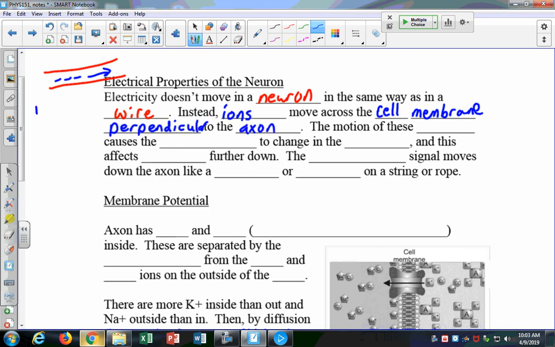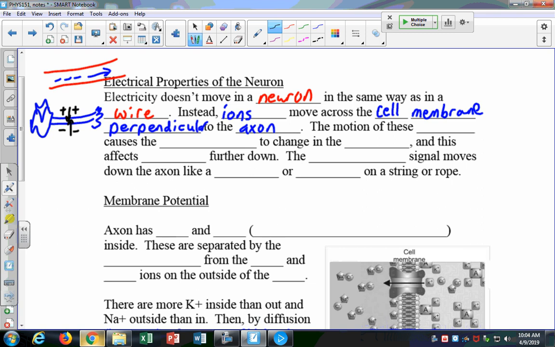All right, so remember, there's the cell body. I can't draw a picture as good as that other guy. And then there's the cell axon, and then the dendrites. So you'll have these ions, these positive and negative ions, that will move across the cell membrane back and forth perpendicular to the axon.